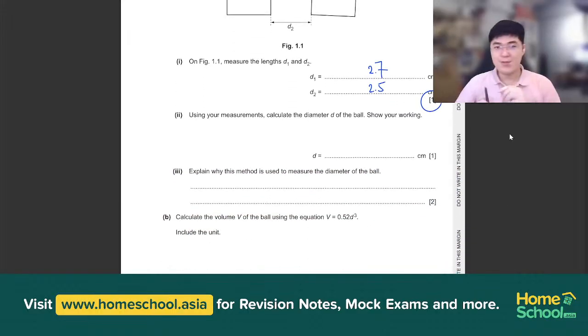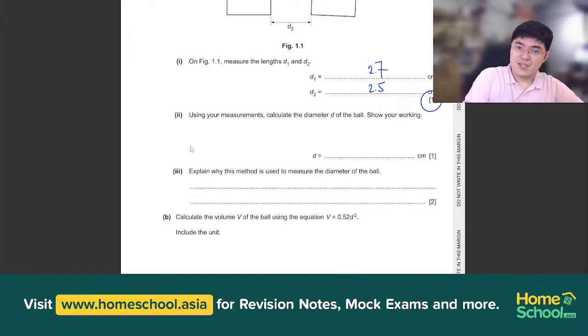Using these measurements, we are to calculate the diameter D of the ball and show our working. Basically we have two values, 2.5 and 2.7. We are to calculate the diameter, which is the average of these two.